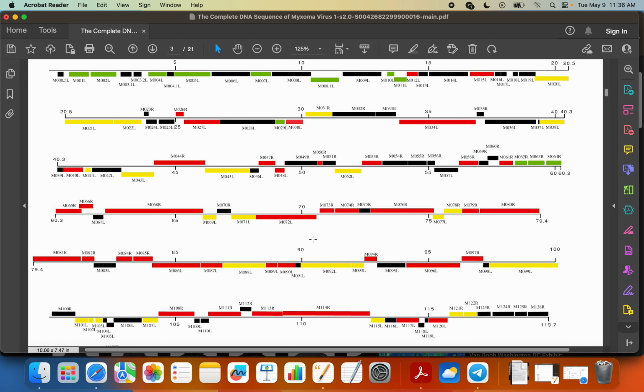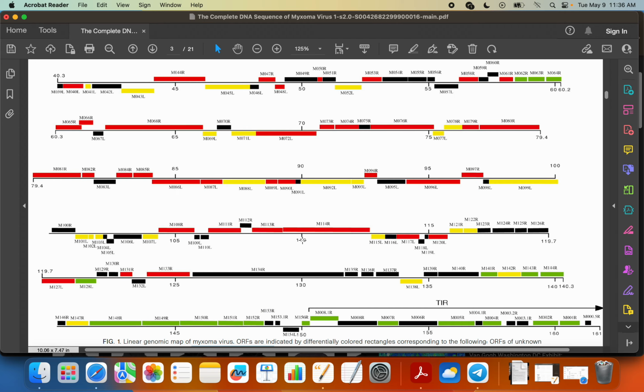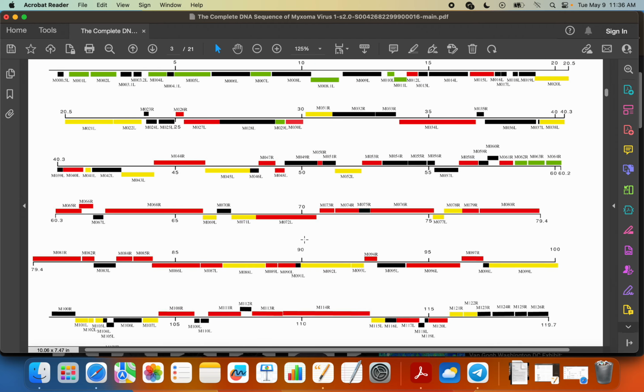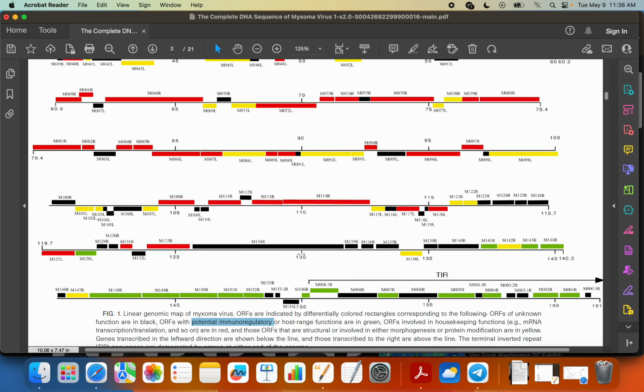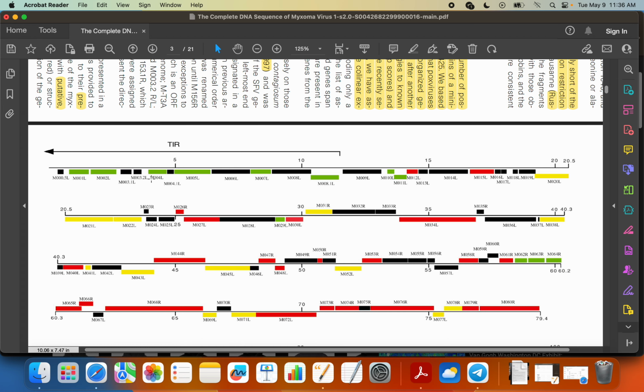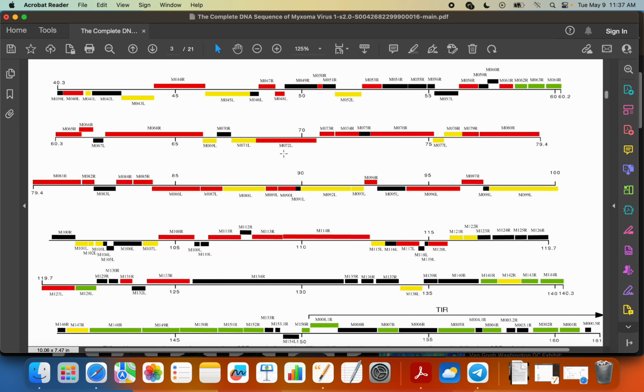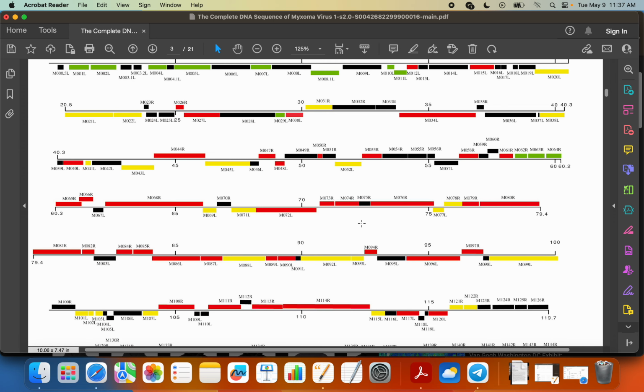I don't know, say like the protection system, but those are still structural anyways. But so what else can I say about this? I don't really see much patterns, except it seems like the green occur more at the ends here, and then the reds and yellows maybe occur more in the middle.